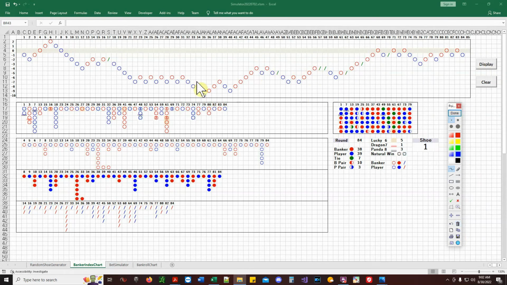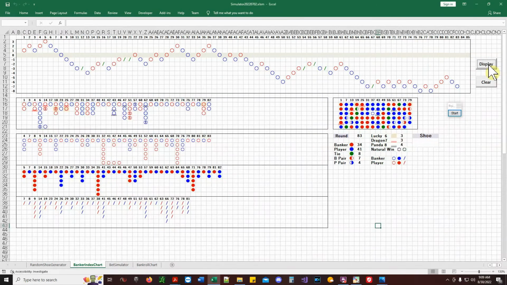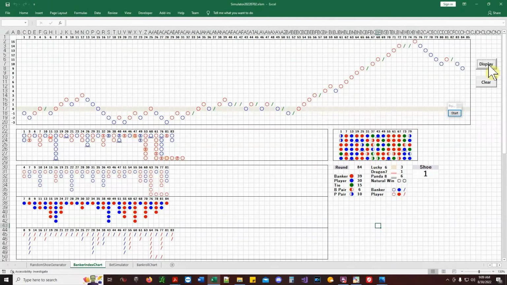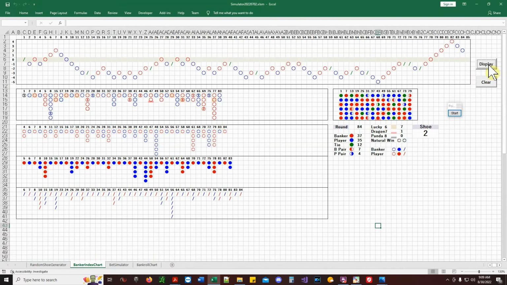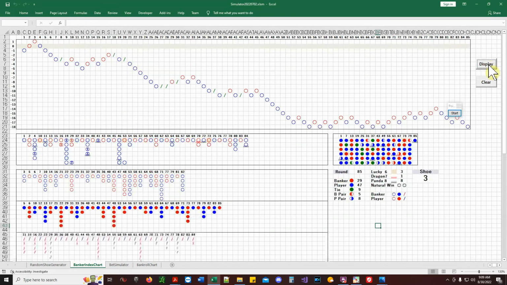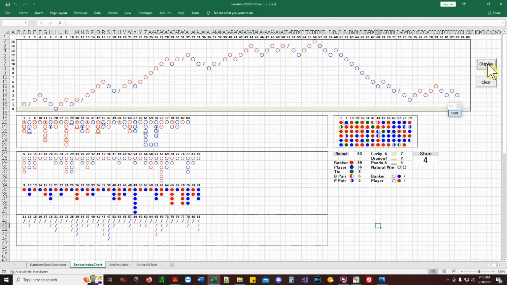Let's catch something on the banker side where we're using player as support. Okay. Hit the display, generate a shoe. That's a player shoe. Nope. Not what I want to see. Player shoe. Wow. Big time run on a player. Bang, bang, bang.